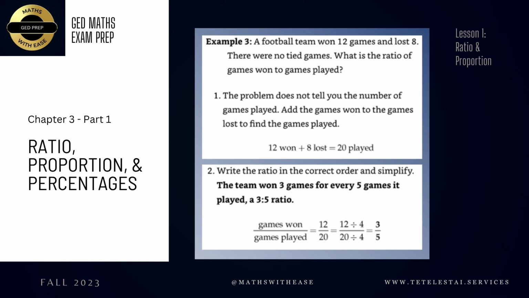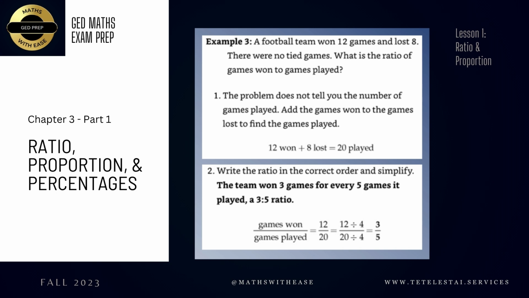So if they won 12 times and lost 8 times, it means they would have had to play a total of 12 plus 8 times, which is 20. They would have had to play at least 20 times to be able to win 12 and lose 8, right?